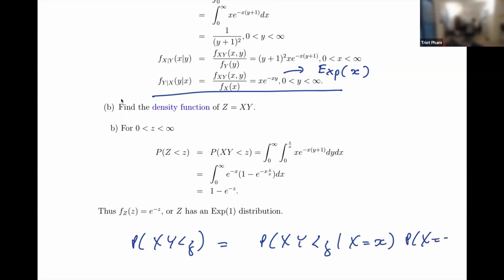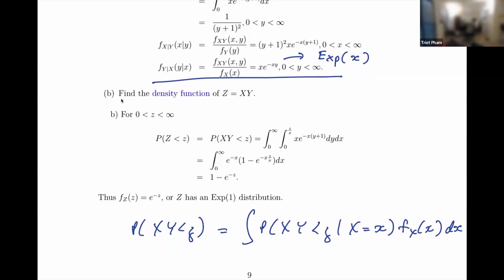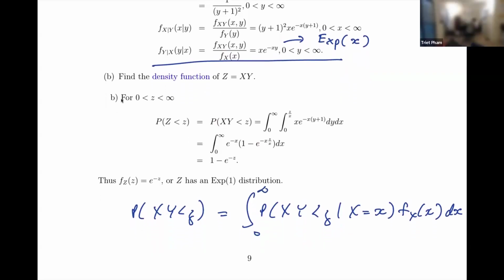Okay. Times the density of X. Again, you don't have to do this, but okay. And well, if you condition X equals little x, then this is Y less than z over x.